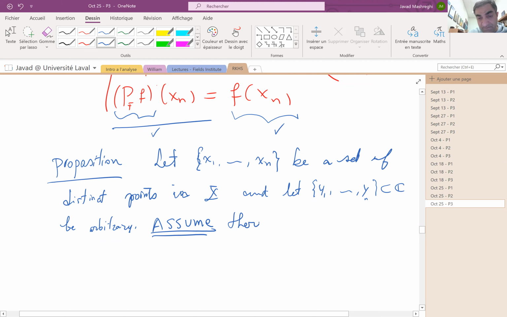Assume there is G in H that interpolates these points.